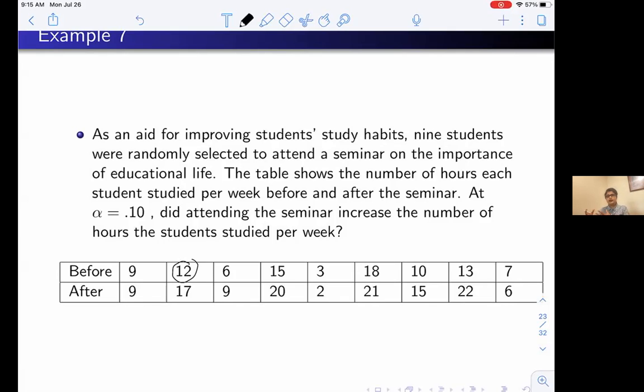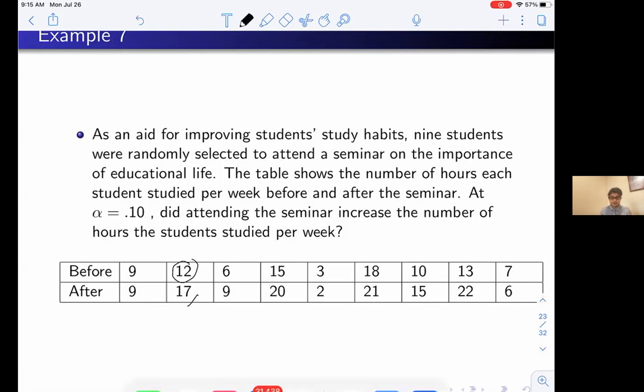Once he attended the seminar on the importance of educational life, he thought, okay, this is useful, I have to study more. Then he studied more hours. He studied 17, so it means he increased his number of study hours.